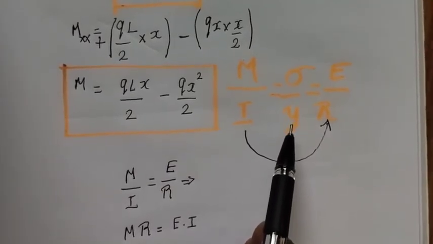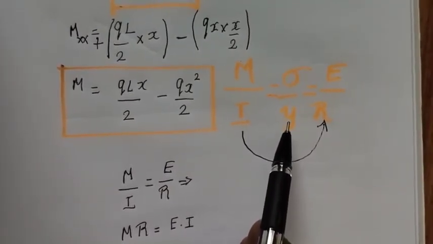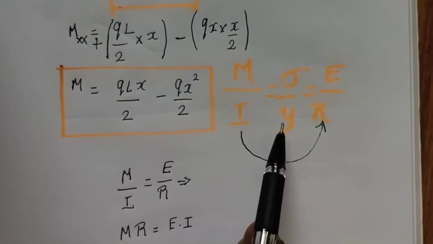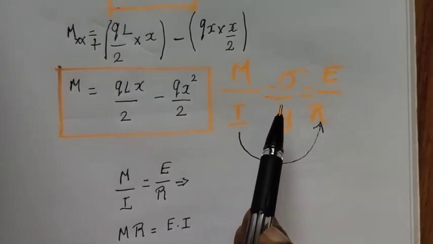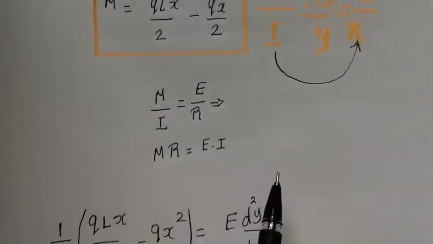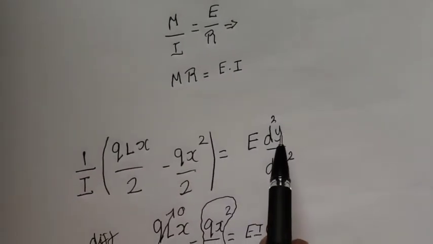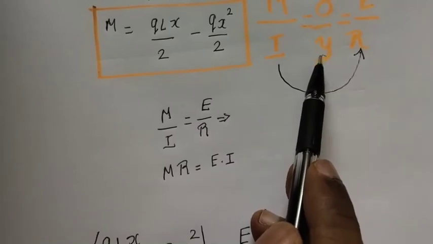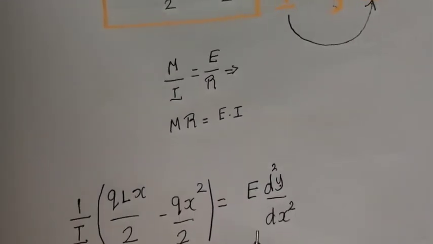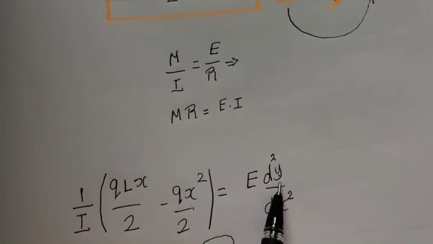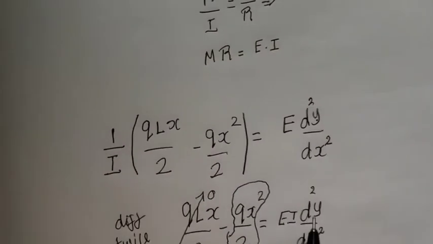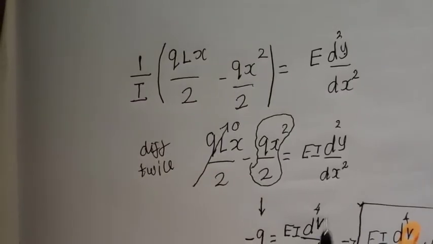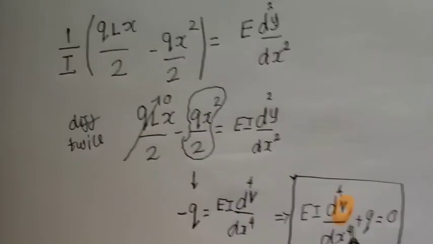So sometimes it may be confusing. Y here actually stands for the distance from the neutral axis to the outermost layer. So you should be able to differentiate the y in this equation from the y in this equation. Here y is the distance from the neutral axis to the outermost layer. Here y represents the vertical deflection. So you may want to use the notation v instead of y, just to avoid confusion.